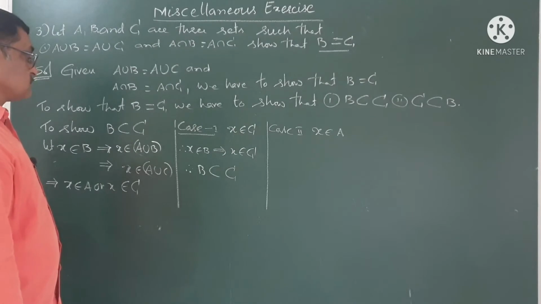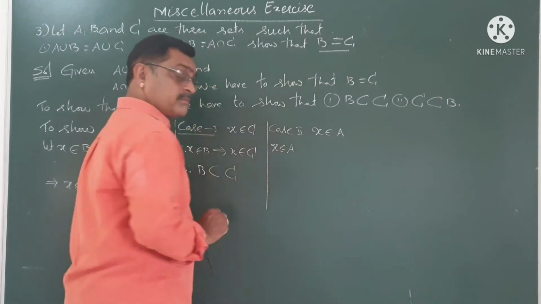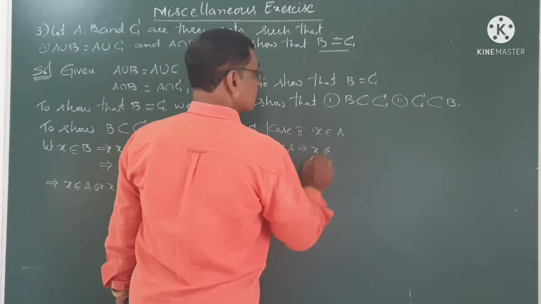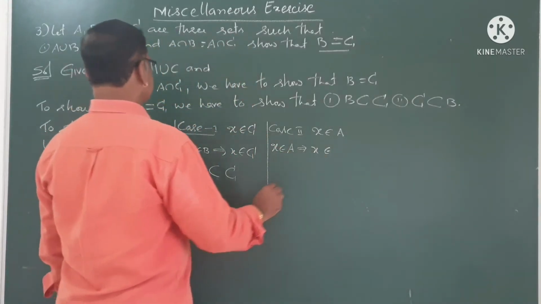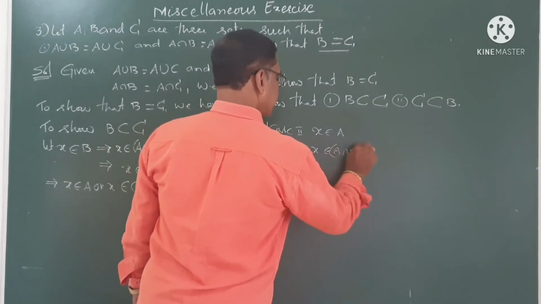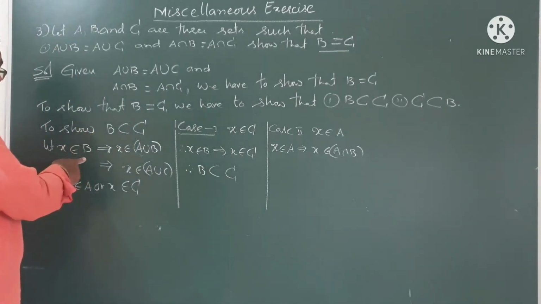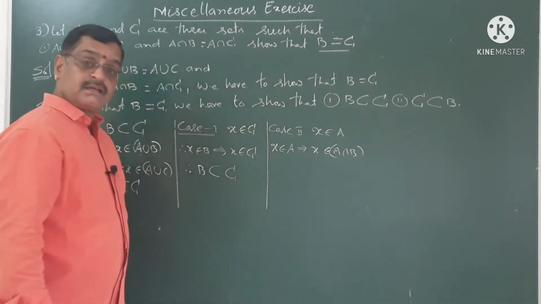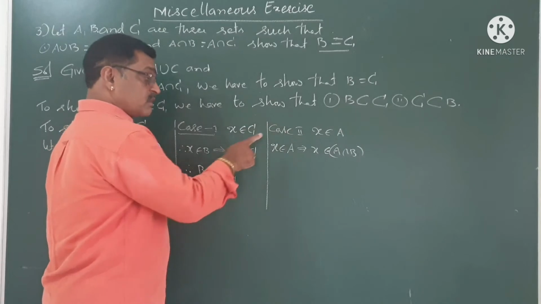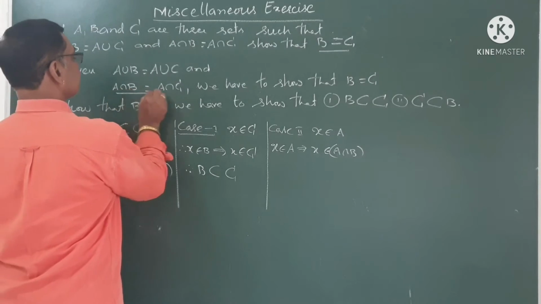Okay. Now, x belongs to A. Can I write this as x belongs to A intersection B? Can I get this? Obviously, why? Because my x belongs to B, and I have x belongs to A. x belongs to B as well as x belongs to A. Therefore, x belongs to A intersection B. Here, I use this condition.